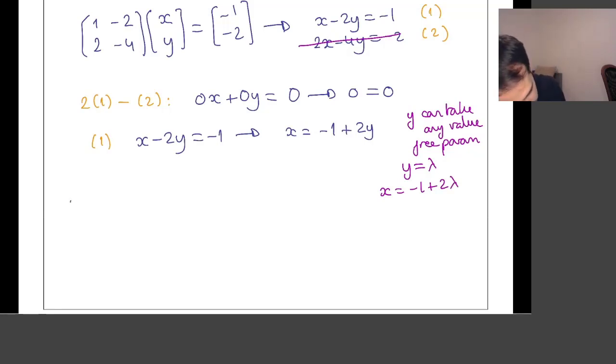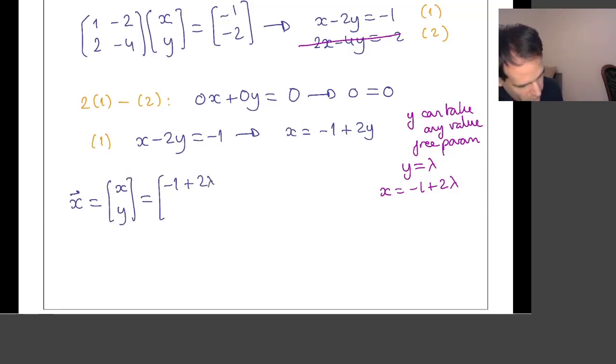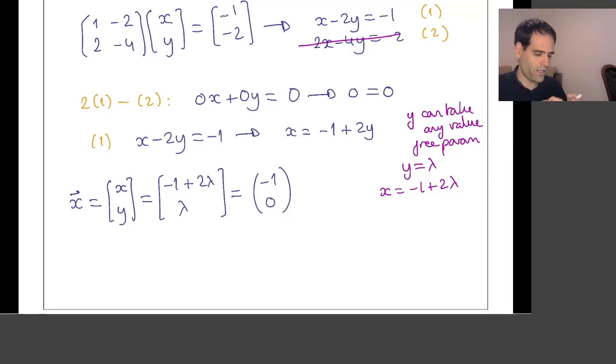And therefore, if we write our solution x, which equals (x, y), this is equal to (-1 plus 2 lambda, lambda), because y equals lambda. Or we can write this in another way. We can split it into the terms that are independent of lambda, plus lambda times (2, 1).